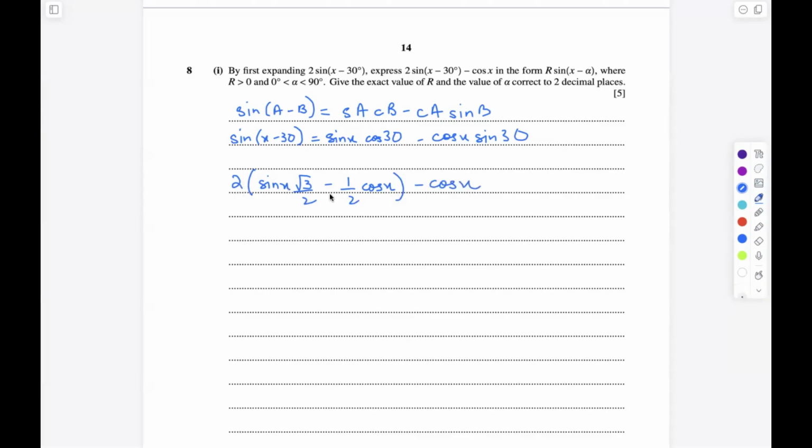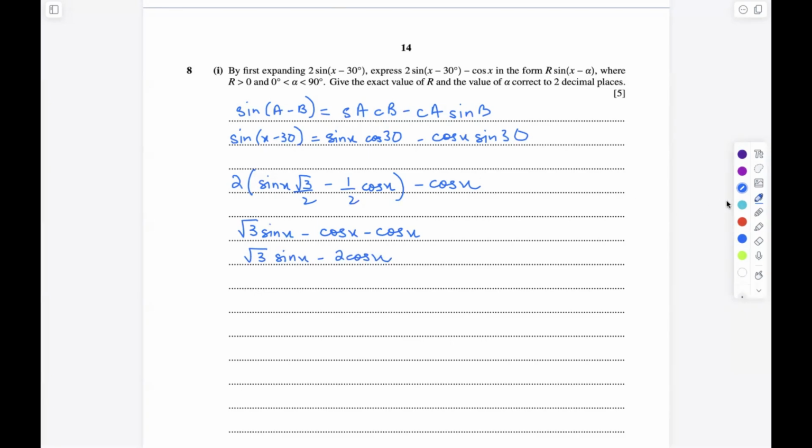So 2 times root 3 upon 2 becomes root 3 sine of x, and 2 times half becomes 1. So this will become minus cos x minus cos x. Simplifying this, we get root 3 sine of x minus 2 cos of x.